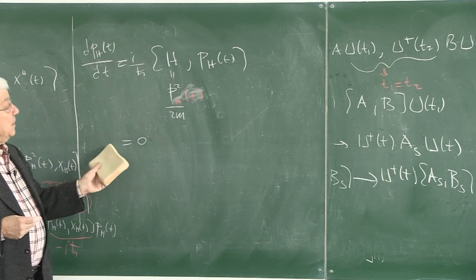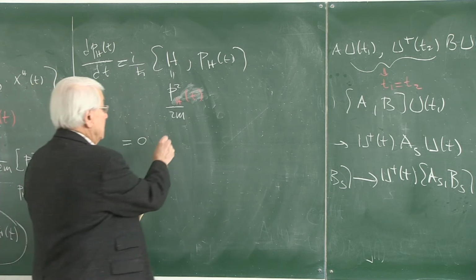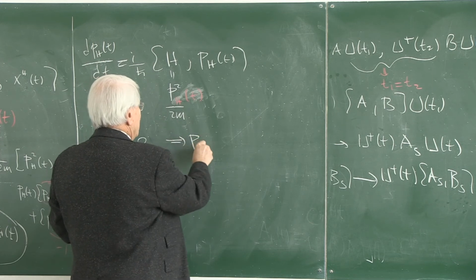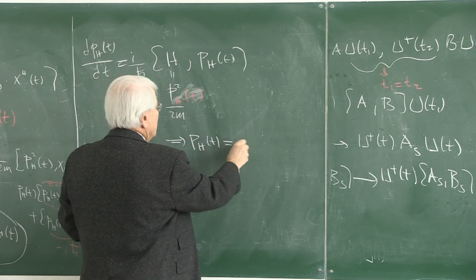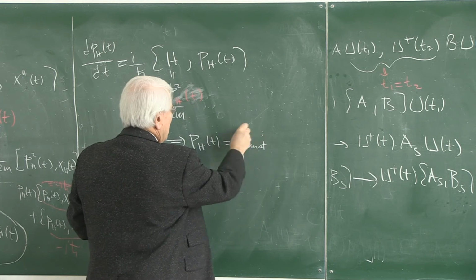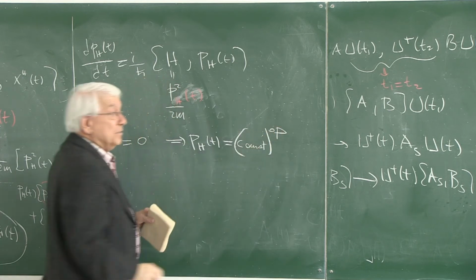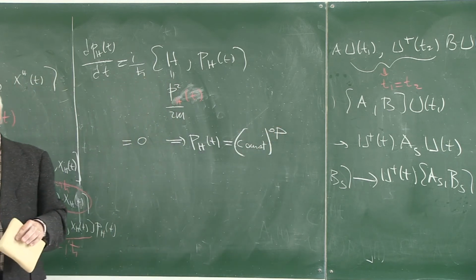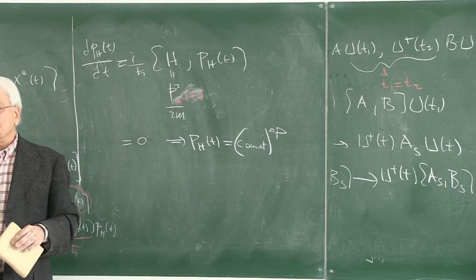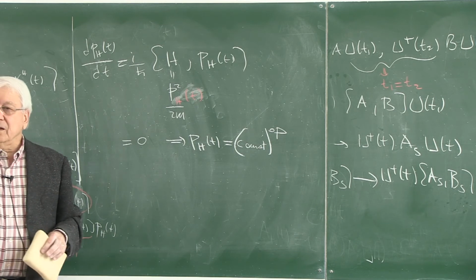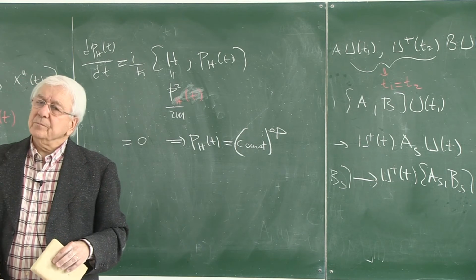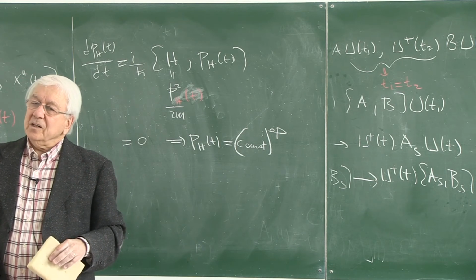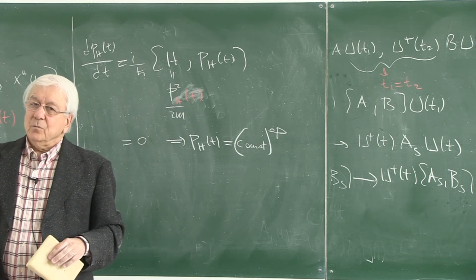Lesson. dp/dt is 0, so p is a constant operator, right? It's the operator itself, so its constant thing should also be an operator. Constant means independent of the time. So I can take it at any time I like. What is the ideal time?